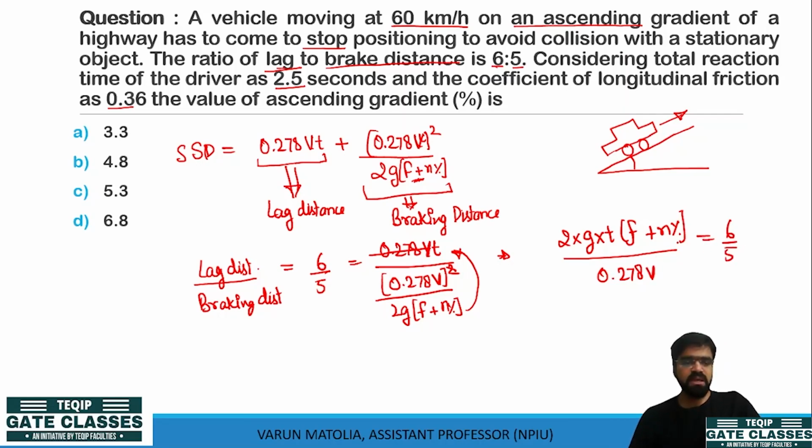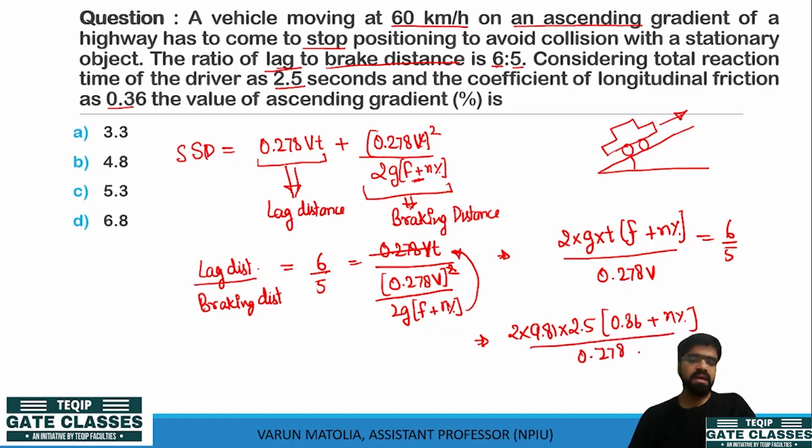Let us put the values and simplify again. 2 multiplied by 9.81 multiplied by the time t, which is 2.5 seconds. F value is 0.36 plus n percent, divided by 0.278 times 60, equals 6/5.